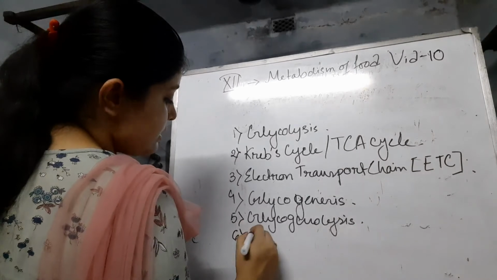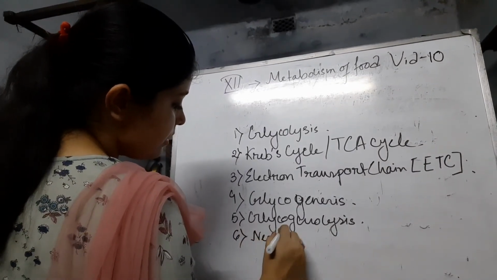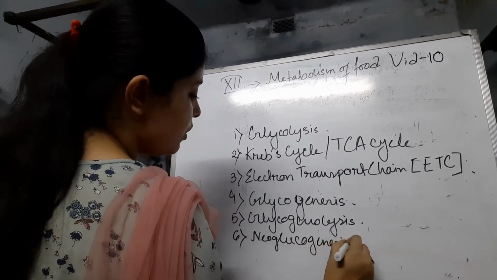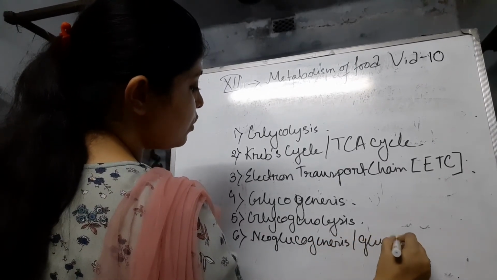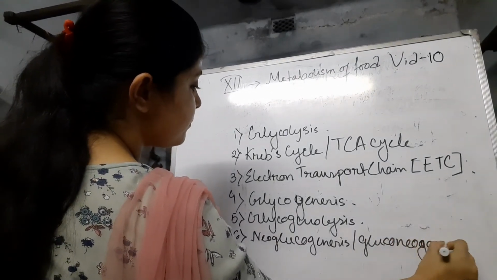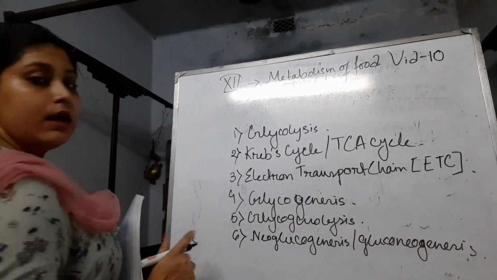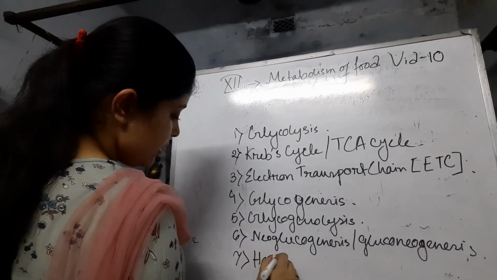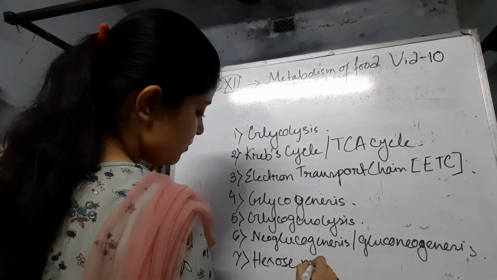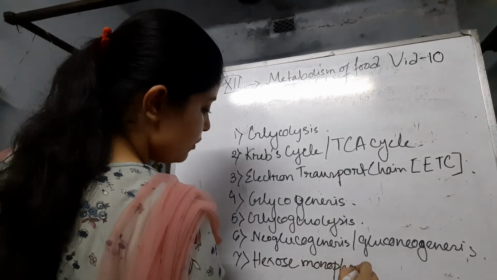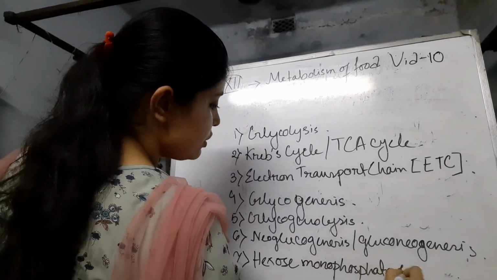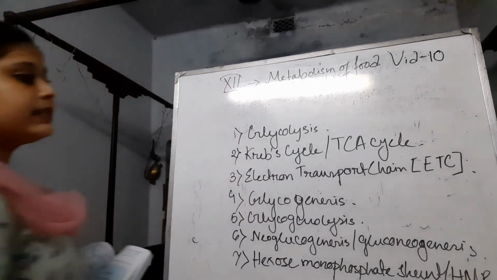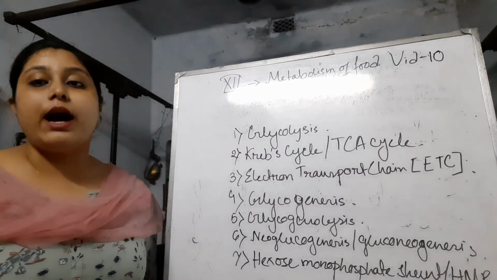The sixth was neoglucogenesis or gluconeogenesis. And finally, the hexose monophosphate shunt, or HMP pathway. By this, I am completing the full carbohydrate metabolism.